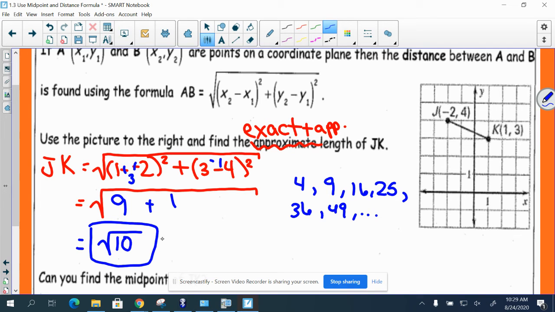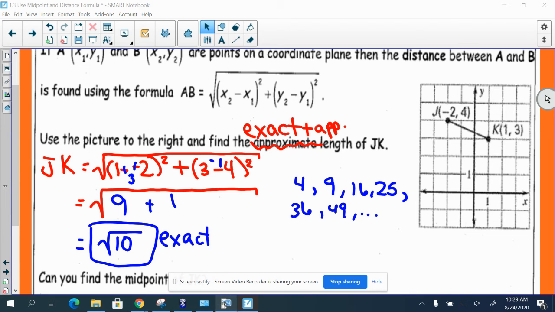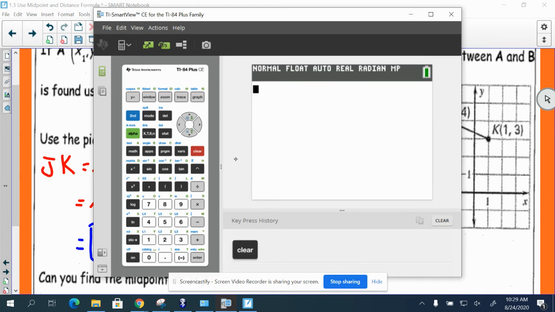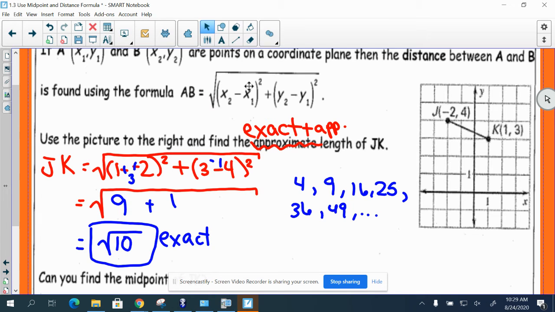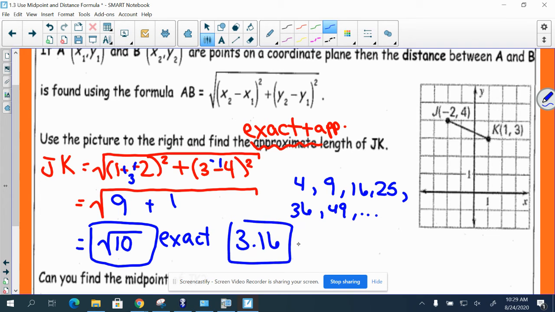Okay, so that would be the exact answer without having to round. If you want to find an approximate answer, say to the nearest 100th place, you would take your calculator and do the square root of 10. That would give you 3.16. So 3.16 would be the approximate answer.